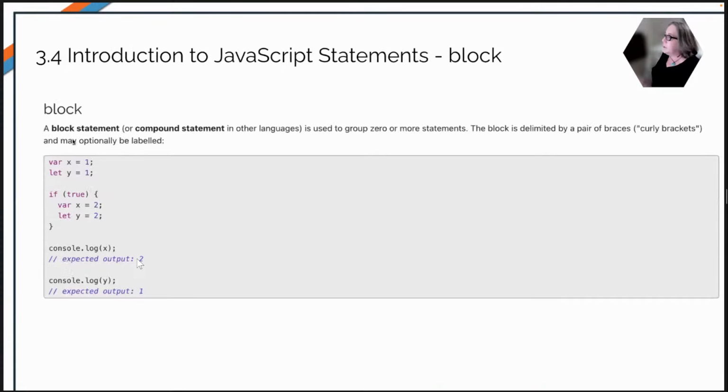All right, really fast, block statements. So here's a block. We have these curly braces. Notice I have a var up here and a let here, and a var in here and a let in here. So these have different scope: these are outside of the block, and these are inside the block. When I print these, notice what happens. My let y prints the one of the block it's in.